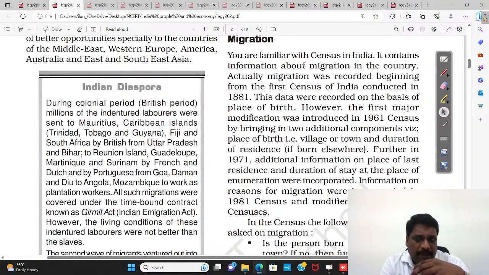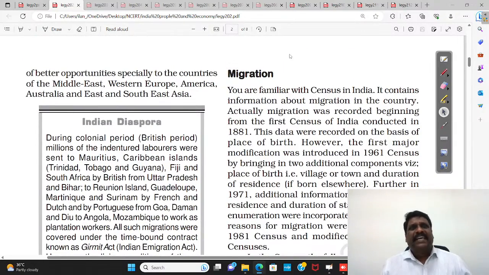But when I talk about the Indian definition, our understanding says who is a migrant. If a person has a different address than that of the address he has given in the previous census, he is considered as what? Migrant. Okay. Migration means change of residence, right? Change of residence, as simple as this, provided that you have a decent distance between the places.